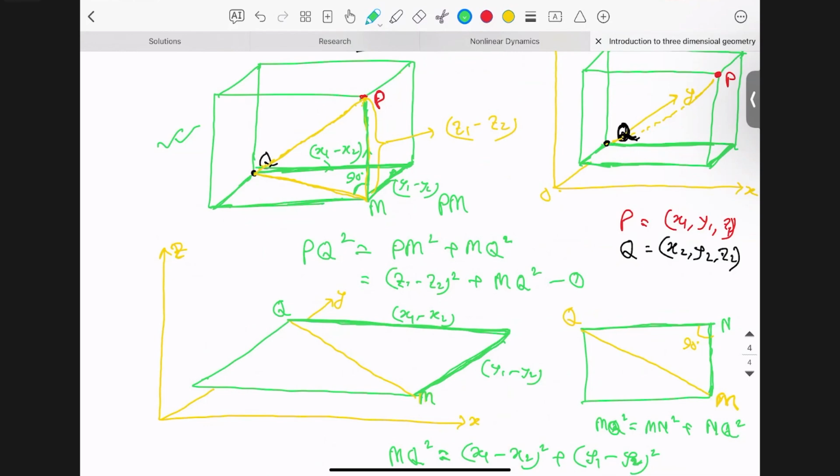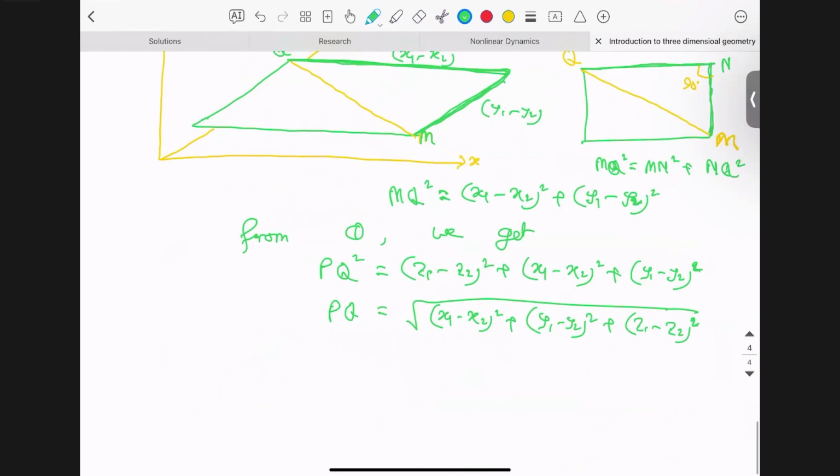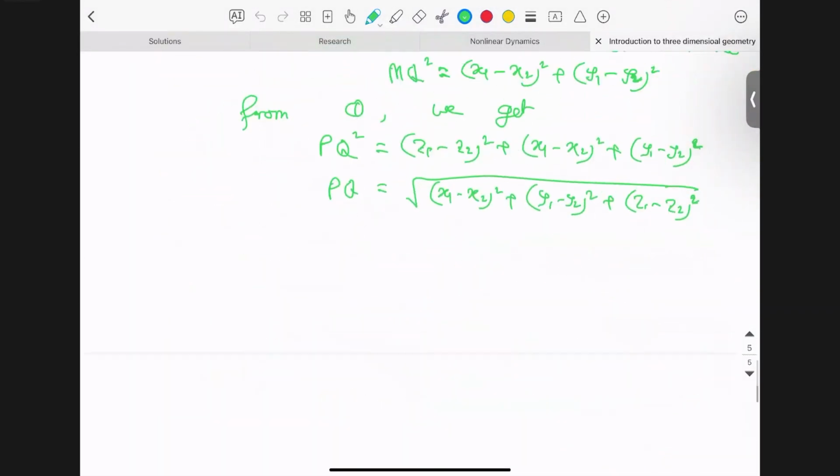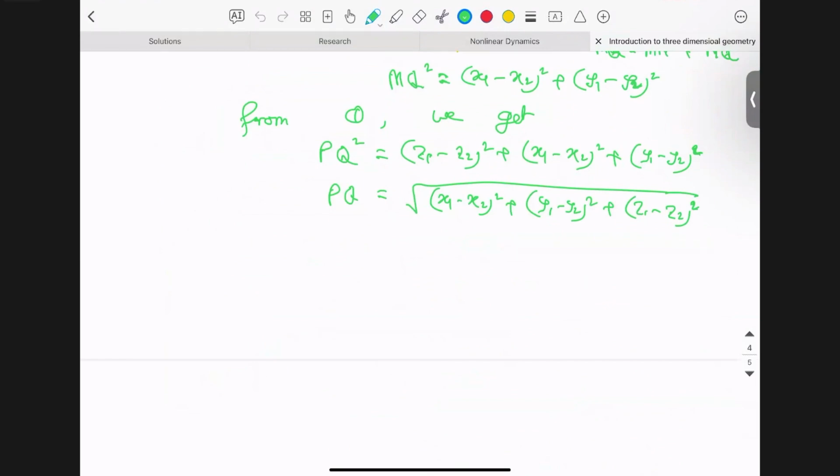Now, whenever you are going for some competitive exam or your board level exam, you don't need to do all these calculations to get your answer. If you forget the formula, then only you can regenerate this idea and find the formula for the length of PQ. But in general, you just use the formula. The length of PQ equals the square root of the sum of the squares of the pairwise differences.